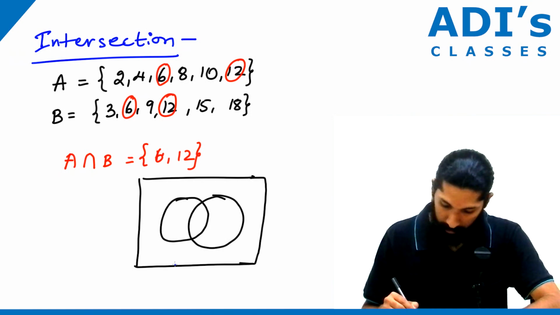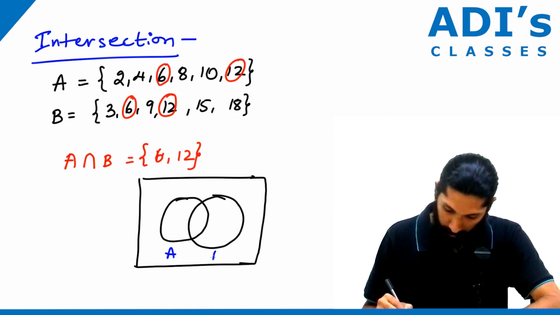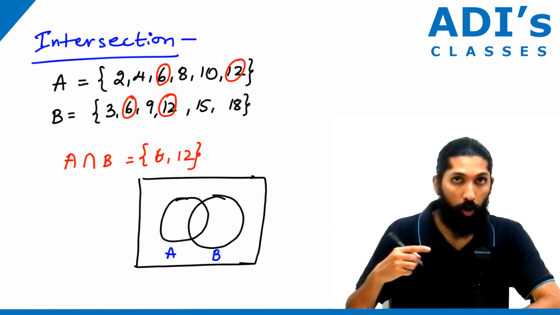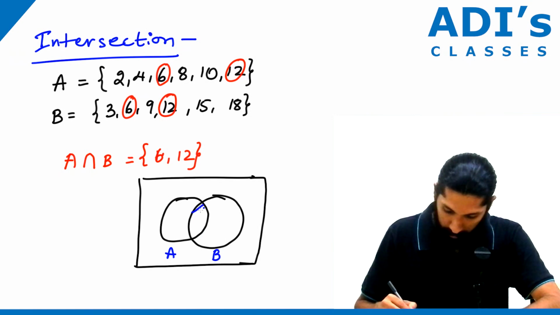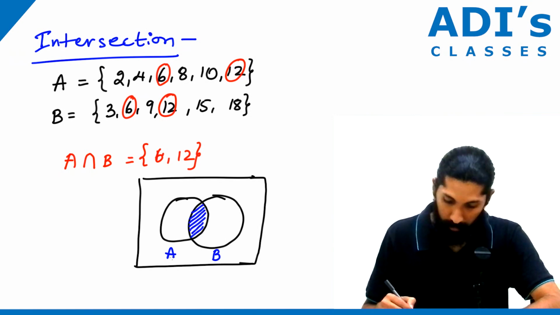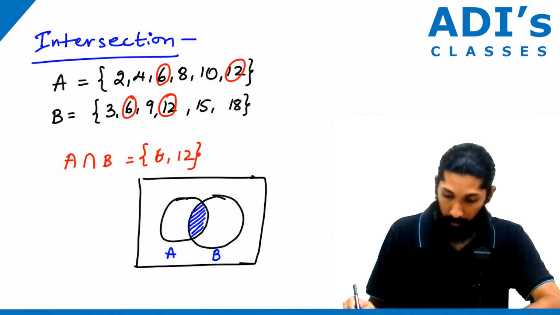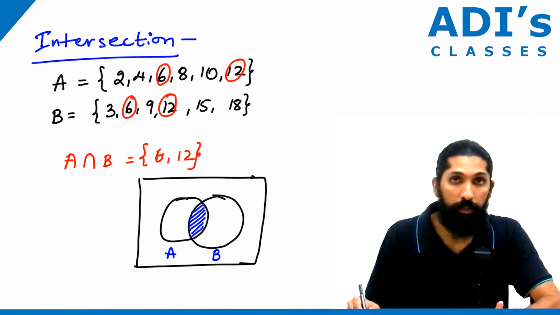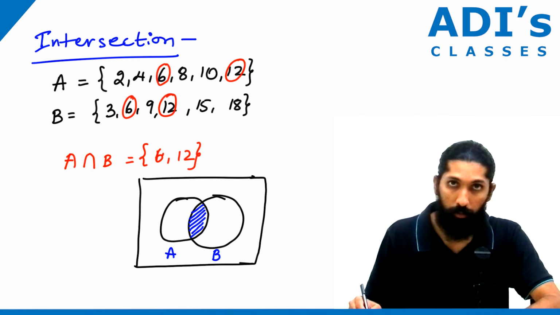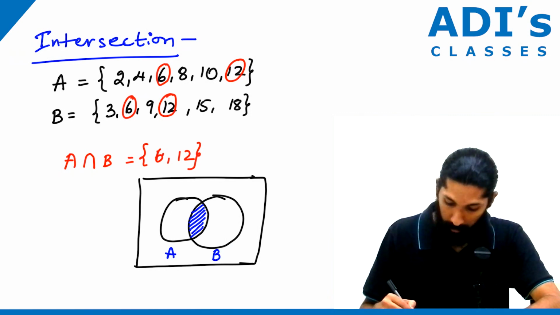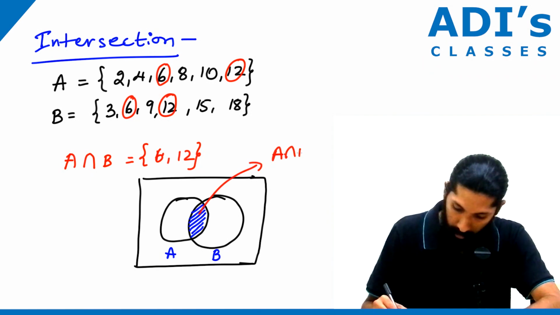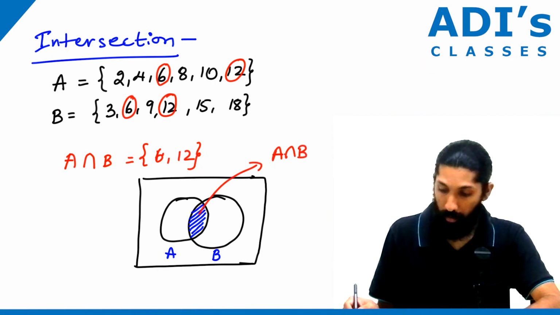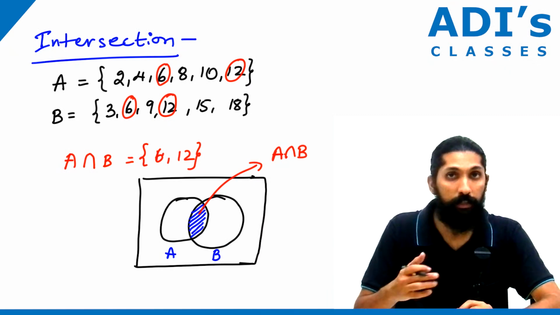Suppose this is set A, this is set B. Now the common one between them, basically this part, is A intersection B. Got it? This is how we write intersection.